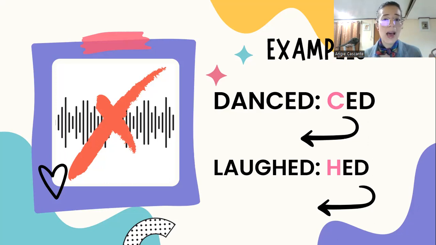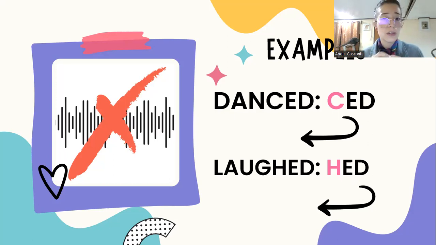And how about laugh? When we have the word laugh, before the ED, as you can see here on the screen, we have the H. And the sound of the H is as in house, as in hello, as in hi. So if you make the sound with your fingers on your throat, laugh, laugh, can you feel it vibrating?